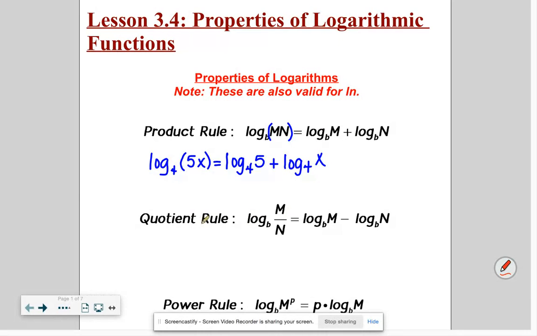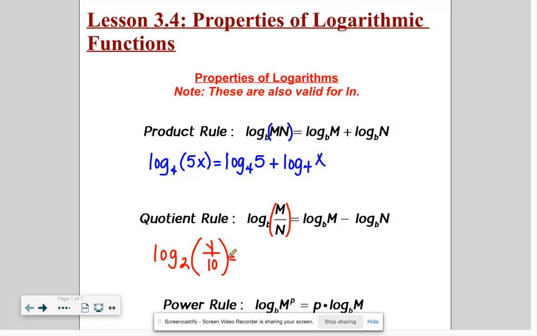Quotient rule: the rule with exponents is that if they're written in a fraction or a quotient, you can subtract the exponents. So the logarithm rule is also going to be that. If you have two things being divided in a logarithm, you can also write it as subtracting those two things. So let me give you an example. Let's go log base 2 of y divided by 10.